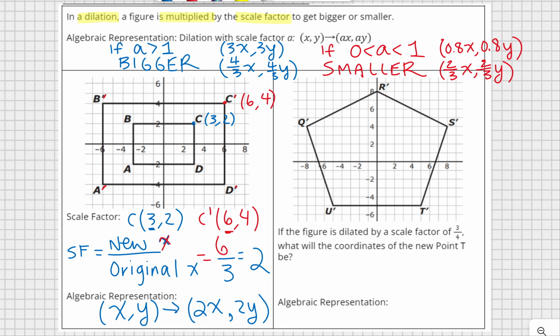Let's look at the next example. If the figure is dilated by a scale factor of 3/4, what will the coordinates of the new point T be?